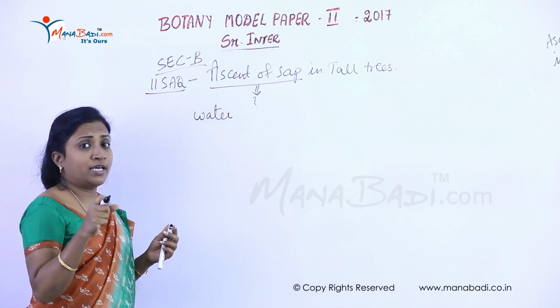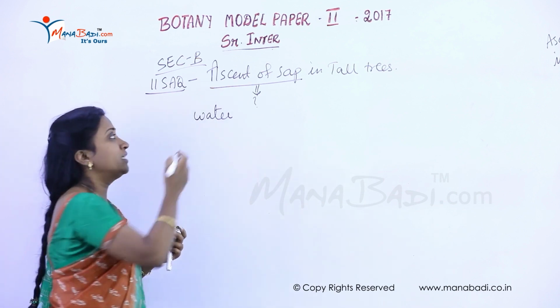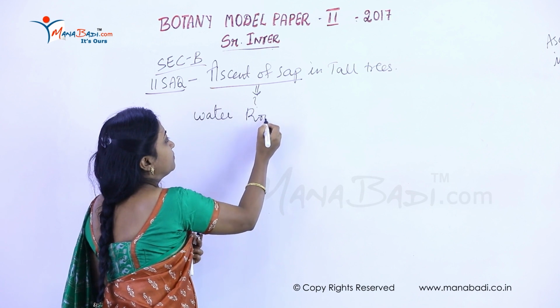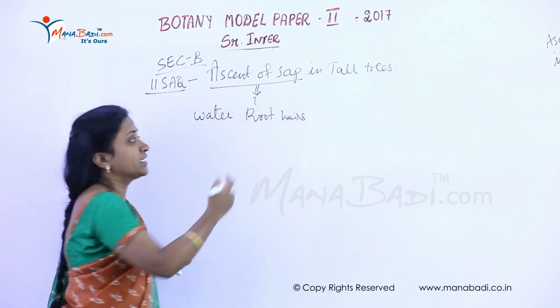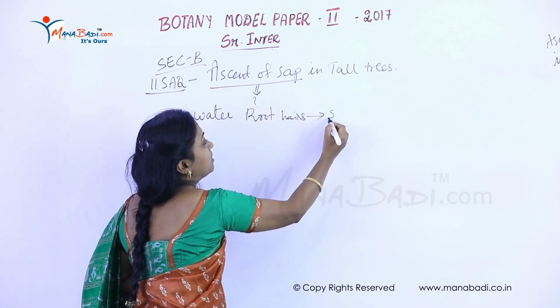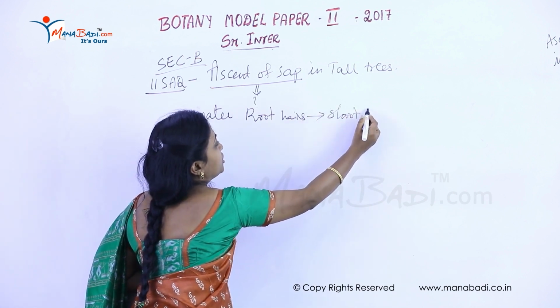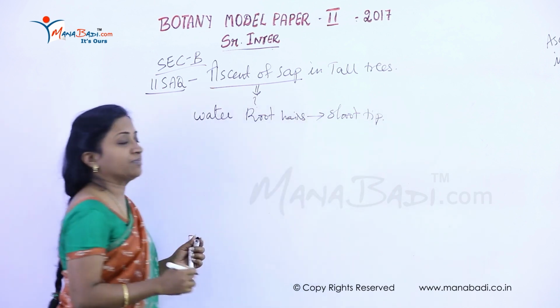water from the soil is absorbed by the root hairs and it is passed to the shoot tip, or rather the stem tip.